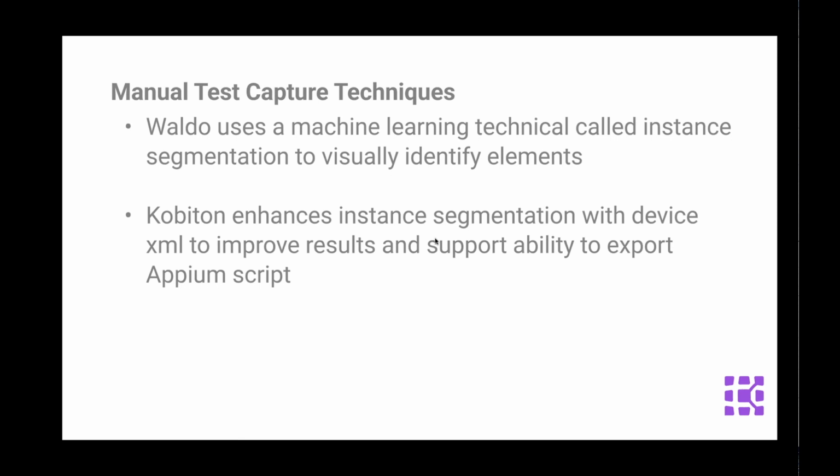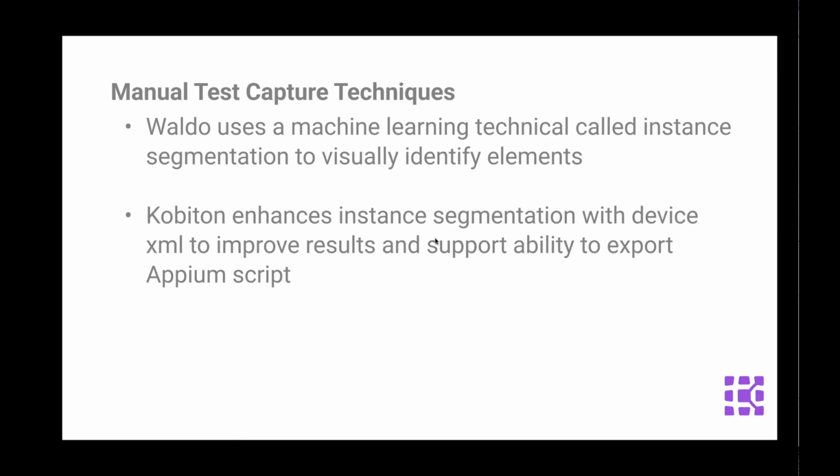Kobiton uses instance segmentation, but it adds on to that the XML extracted from the device. While you're performing a manual test, like what Mark was performing, the screen is being captured. So we're taking a screenshot and we're extracting all of the XML of what's used to render that screen on the device.